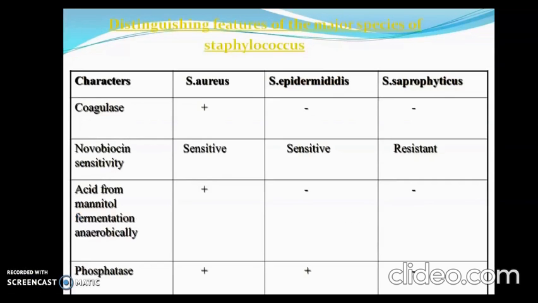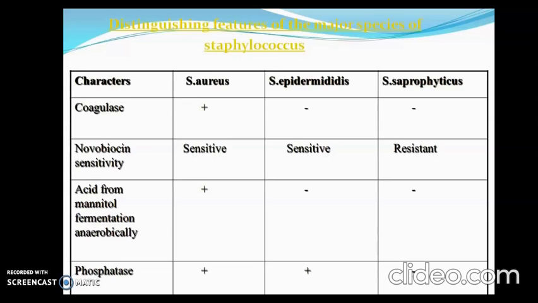These are some of the distinguishing features of the major species of Staphylococcus. You can see that coagulase is positive only for Staphylococcus aureus. Both aureus and epidermidis are sensitive to novobiocin, but saprophyticus is resistant to novobiocin.